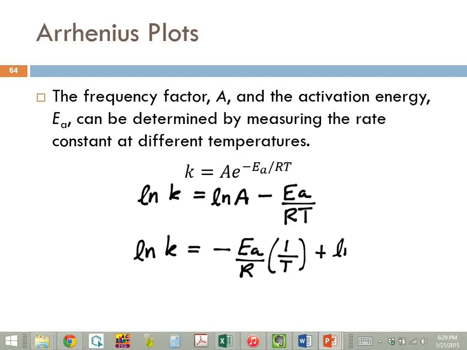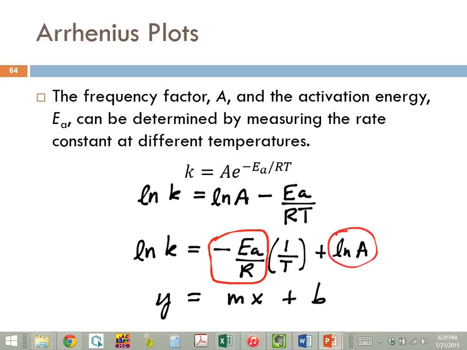Plus the natural log of A. And now we're getting something in the form of y equals mx plus b. So the slope of this graph will be minus EA over R. R is a constant. And the intercept will be the natural log of A.